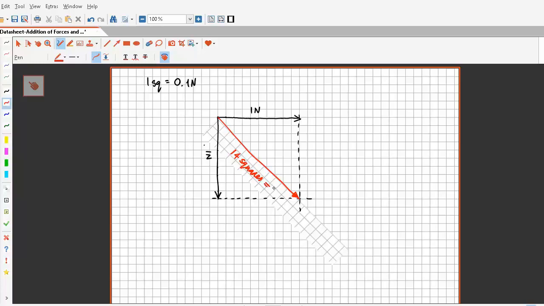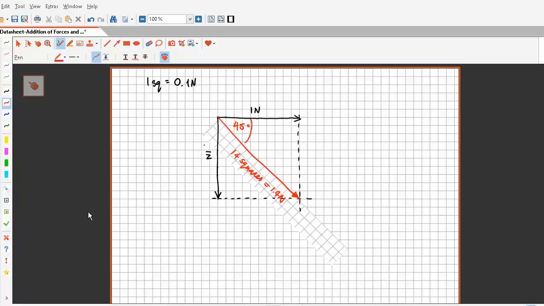And that's equivalent to 1.4 newtons. So the resultant of the horizontal force and the weight of the water bottle is equivalent to a 1.4 newton force acting 45 degrees below the horizontal.